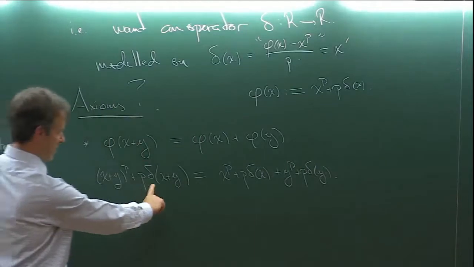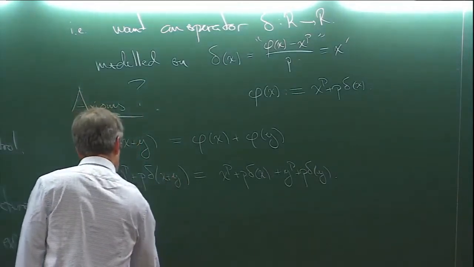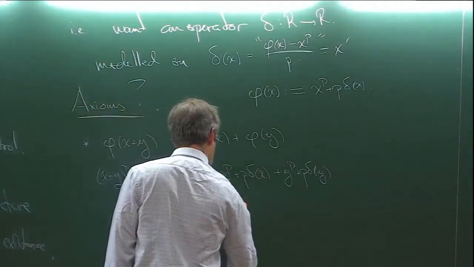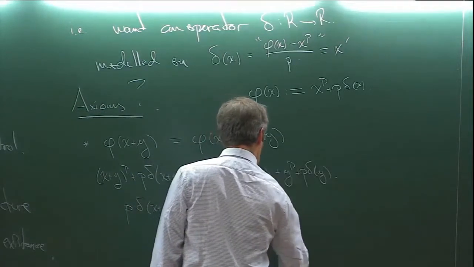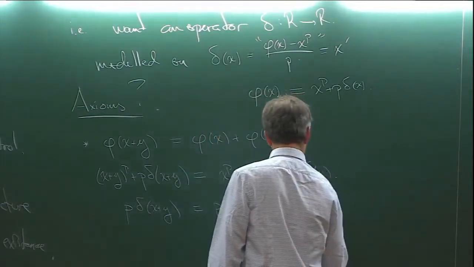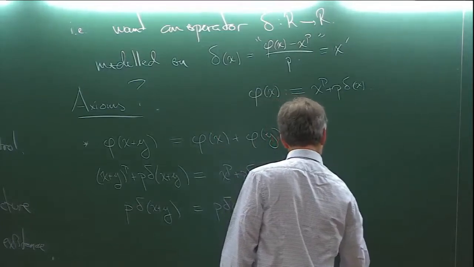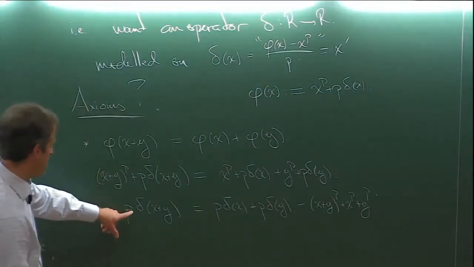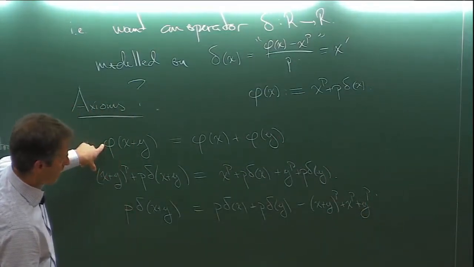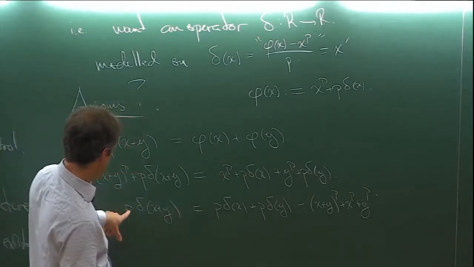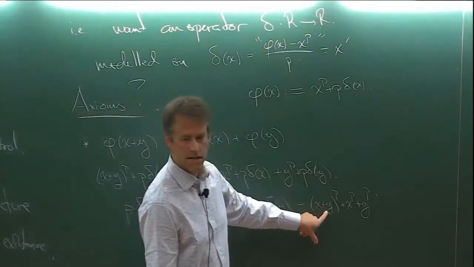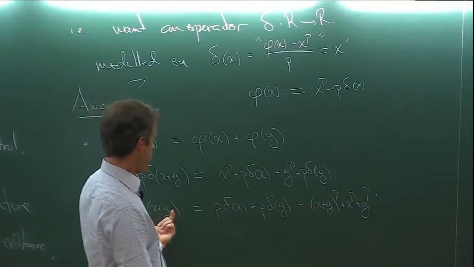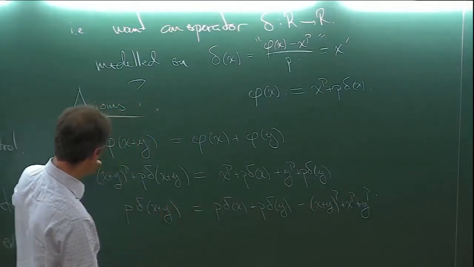And now we want to solve for delta of x plus y, so we can just rewrite this. So this condition here is equivalent to the additivity of phi, but you'll notice that everything in here is divisible by p. So if you expand this out using the binomial theorem, all the intermediate coefficients are divisible by p. So in fact, this axiom is completely equivalent to this axiom.